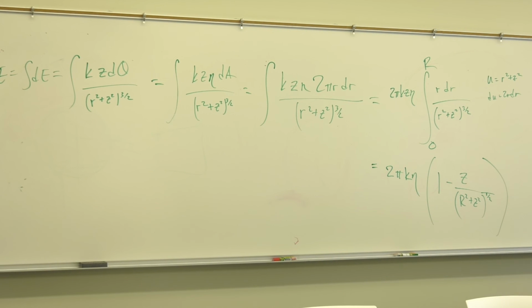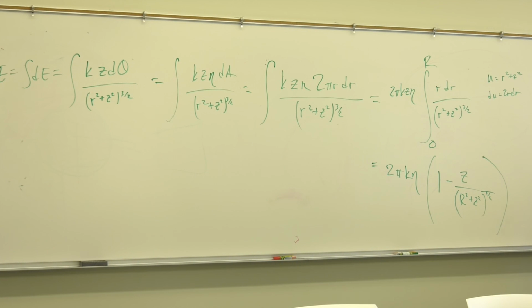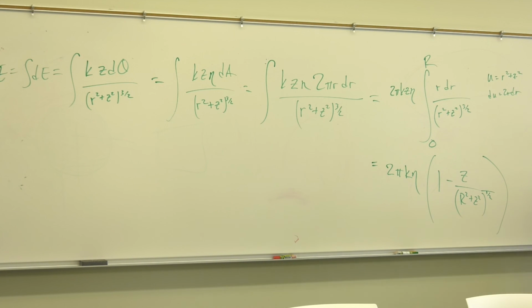Here's my disk. What does a disk look like if I'm this far from it? A point? No. Oh, big. So what is bigger than what? Big R is tons bigger than z, right?